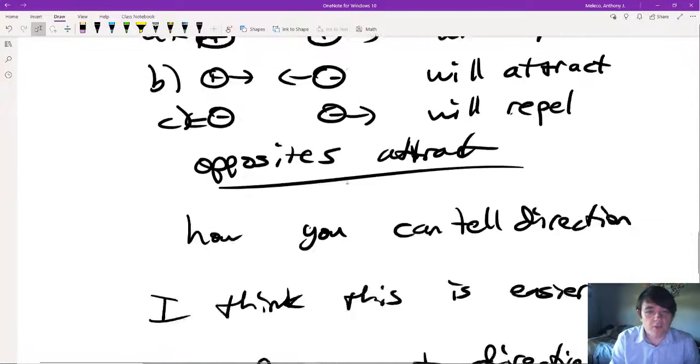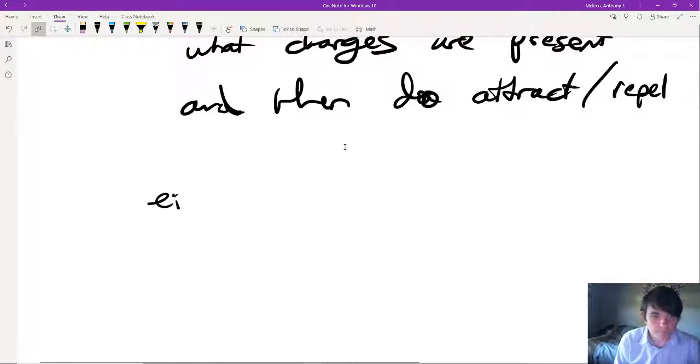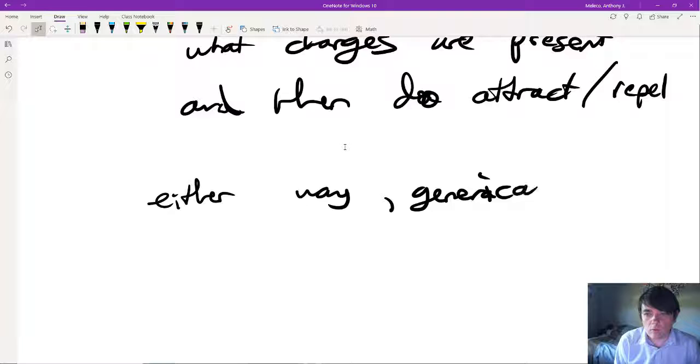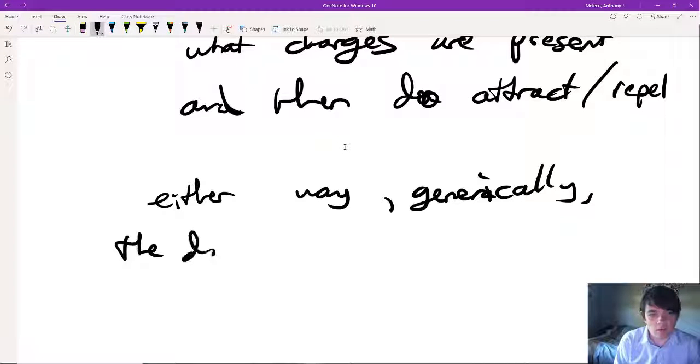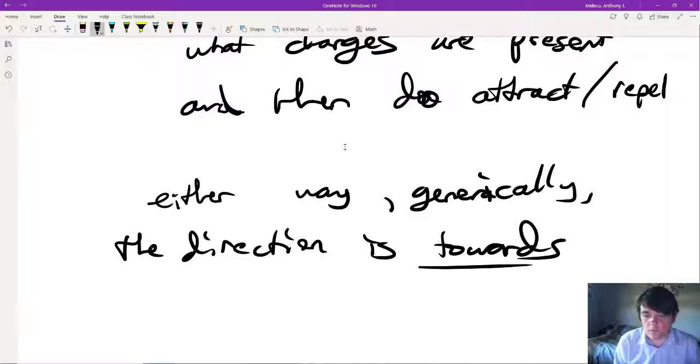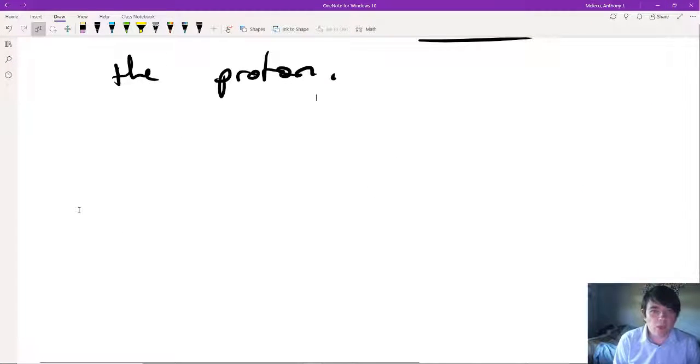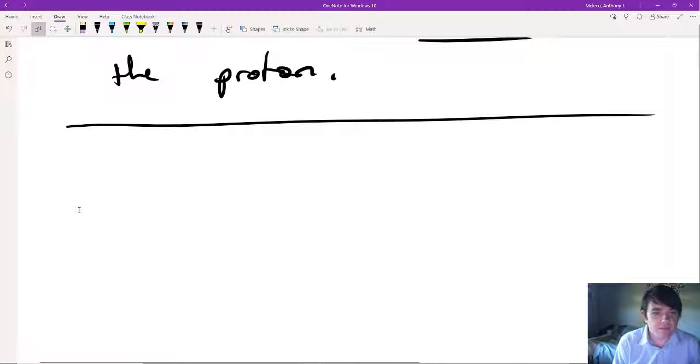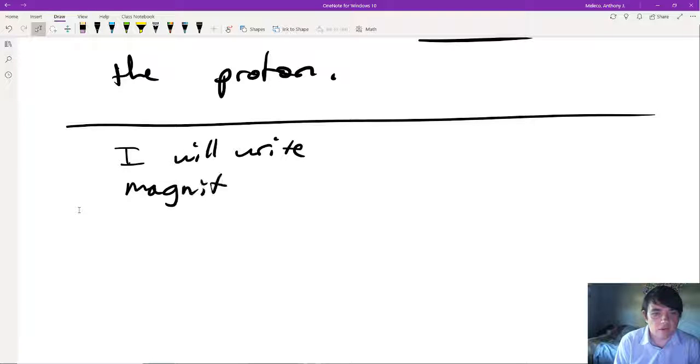Okay, so either way, generically, the direction is towards the proton. So how this will be listed on exams and stuff, I'll write magnitude, comma, direction, or maybe I won't have the comma, but I'll usually just have magnitude then direction.